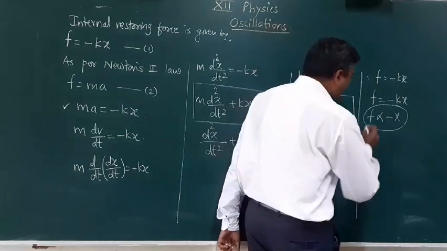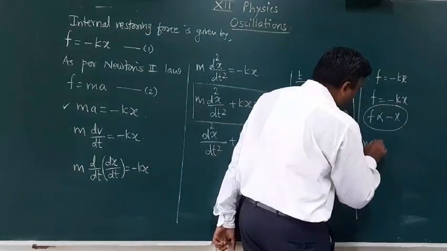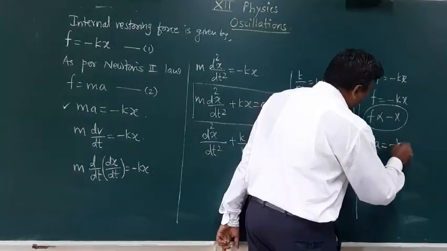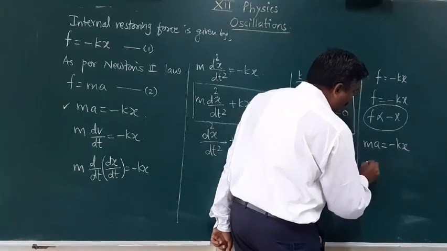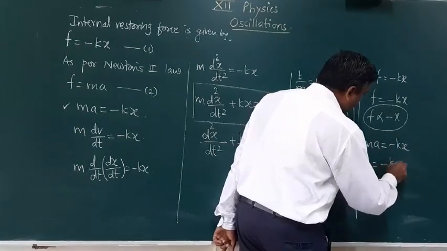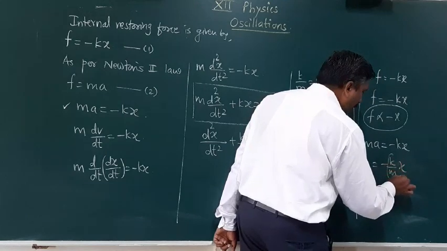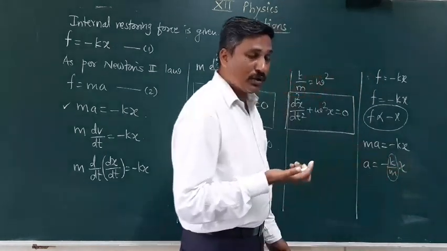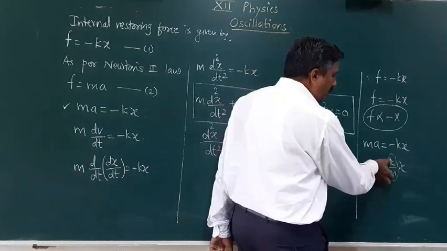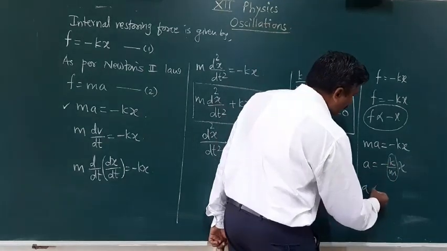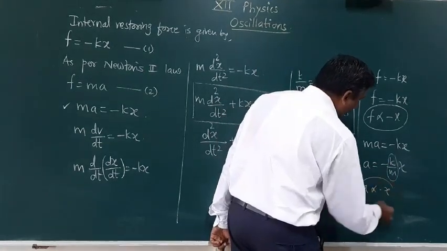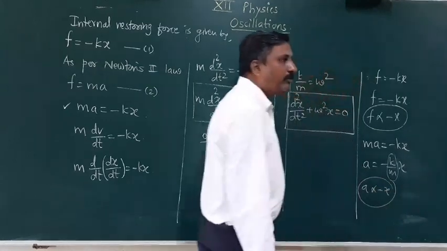Or some students write in this way: force is given by mass into acceleration equals minus kx. So acceleration equals minus k by m into x. Again, k is a force constant and m is the mass of the block, which is also constant. So acceleration is directly proportional to minus x.